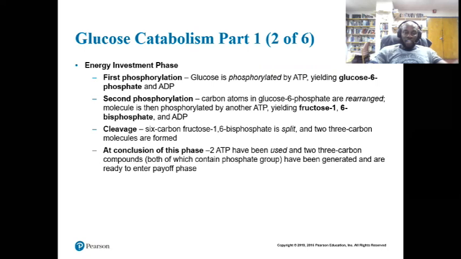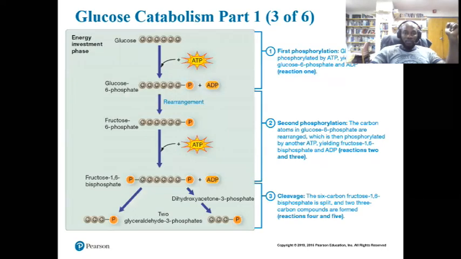So ATP adds a phosphorus group one time, then a second time. Then you have this cleavage. 6 carbon fructose is split into 2 3 carbon molecules. And at the conclusion of this phase, you've had 2 ATP, which have donated their phosphorus to the glucose, and you have the split. And so you've used 2 ATP in this process.